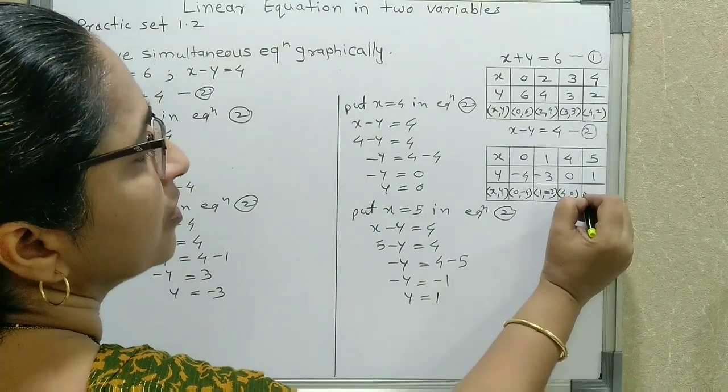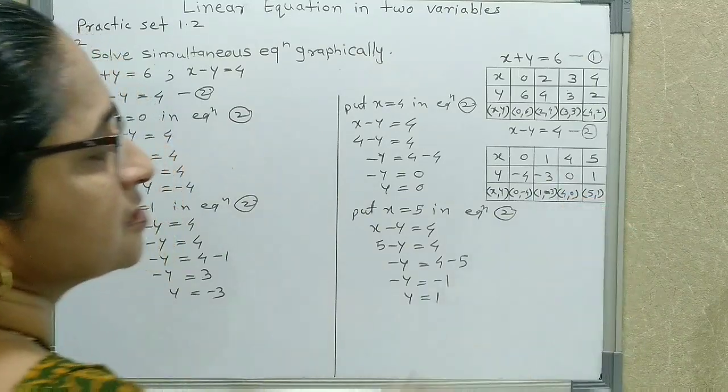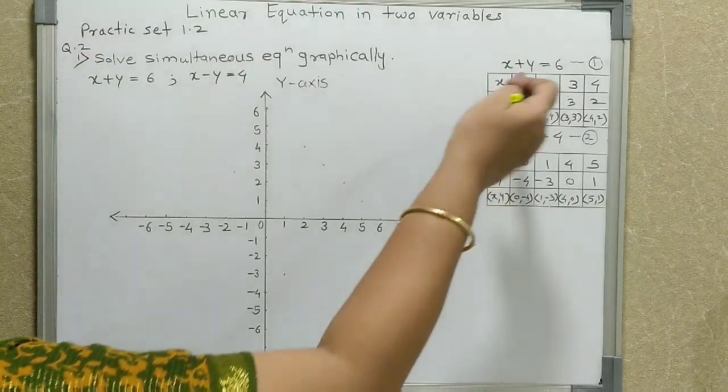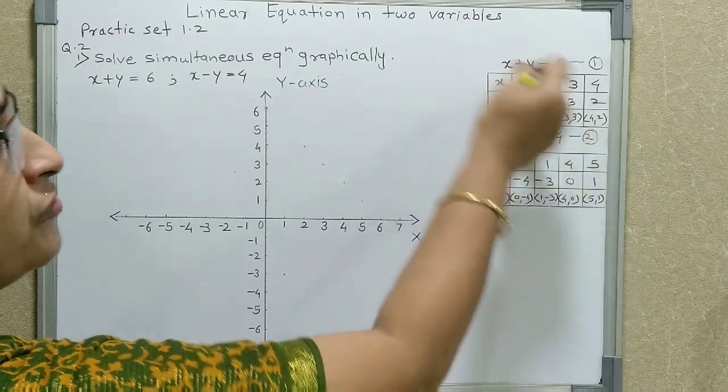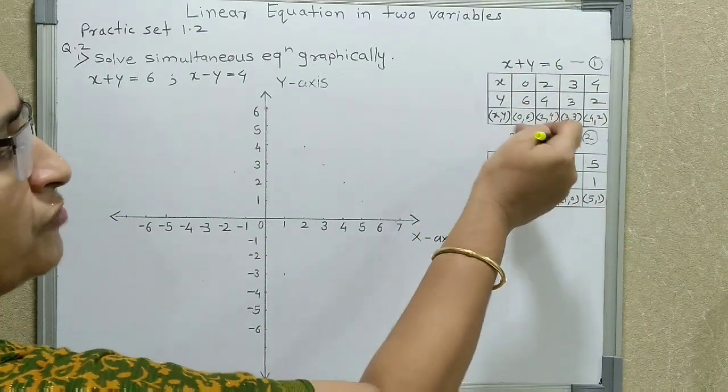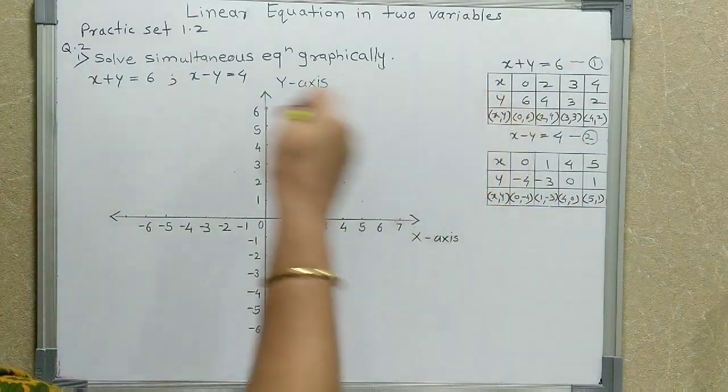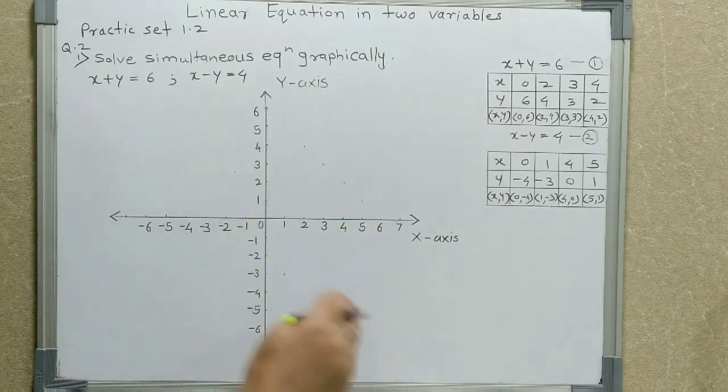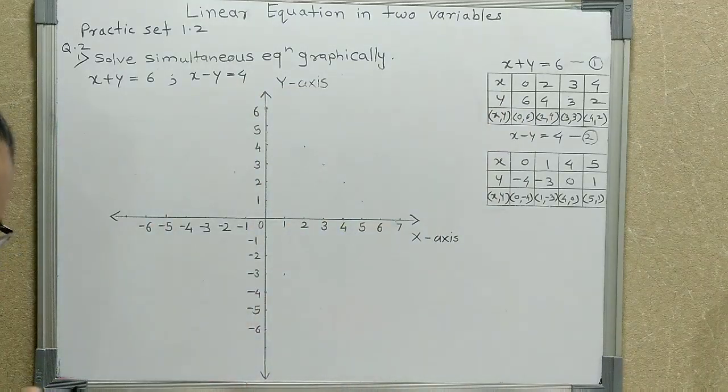We write here 1: (5, 1). This is the table of the first equation with its 4 points, and this is the 4 points of the second equation. Then we draw the lines in a graph. The point where the two lines intersect is the solution of both linear equations.